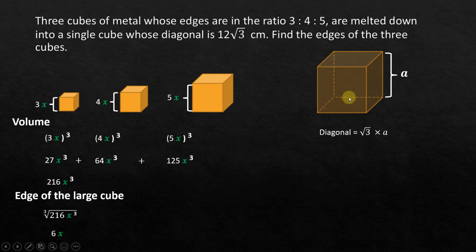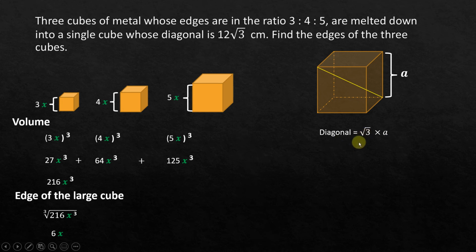If you make this cube hollow, the diagonal here will be from this edge to that edge, right? So the length of this diagonal is related to the edge with this formula: diagonal is equal to square root of 3 times a.